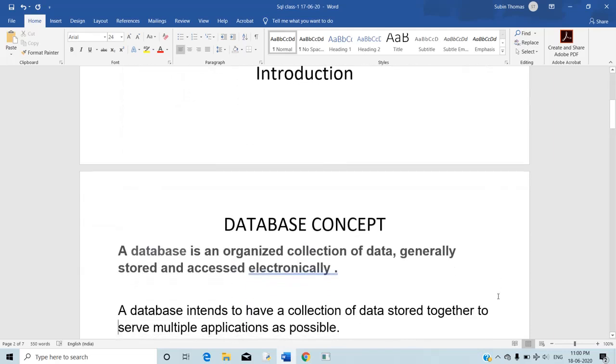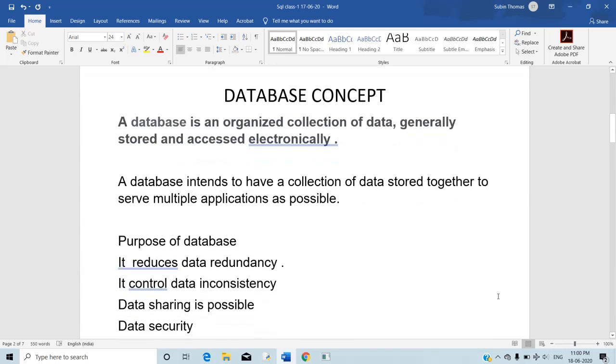First, we can see what you mean by database. Database means it is a collection of related data. Related data's collection is known as a database. Or we can say a database is an organized collection of data, generally stored and accessed electronically.